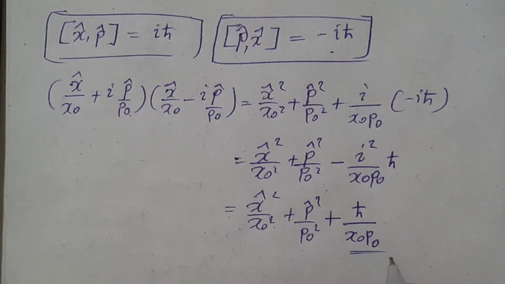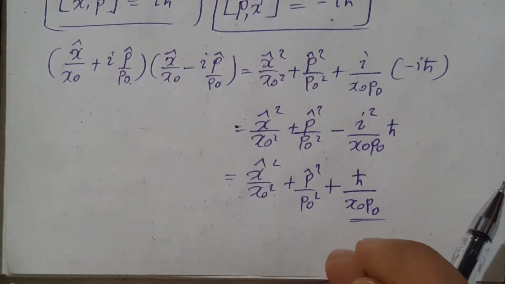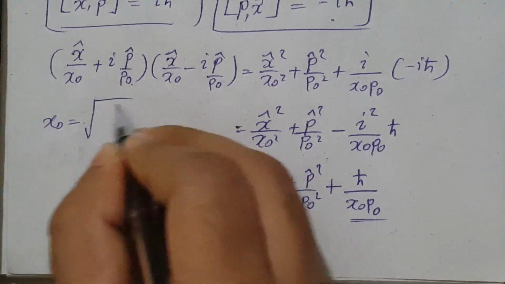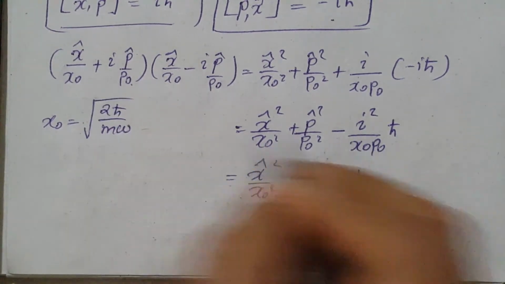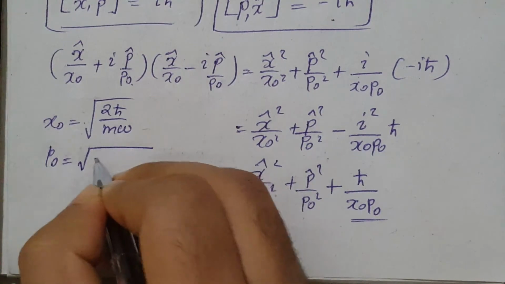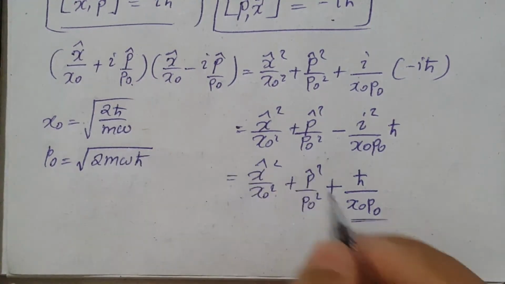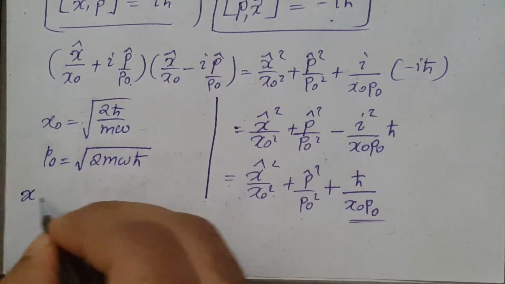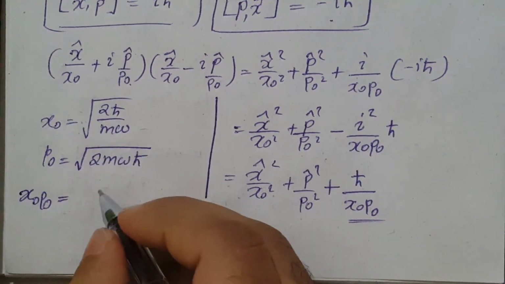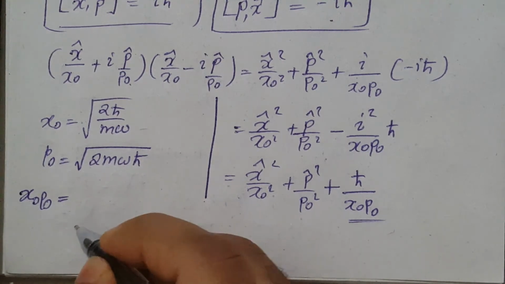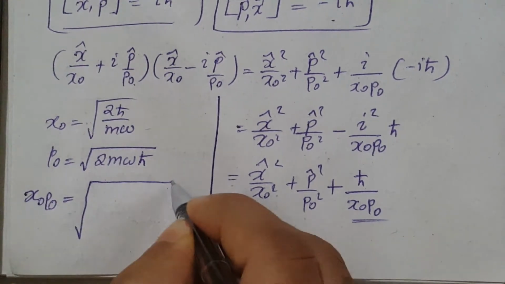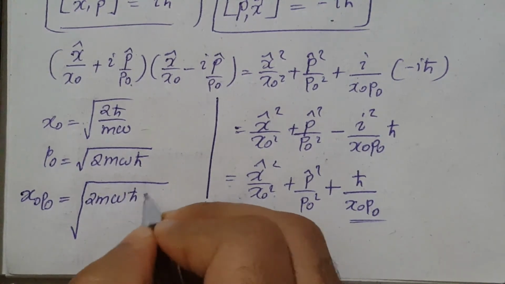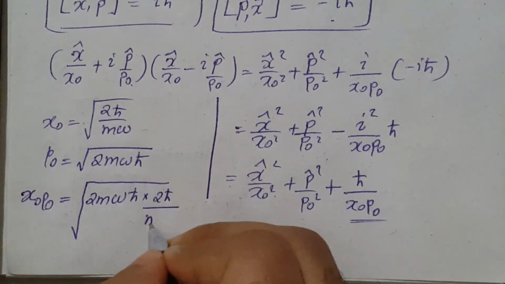Okay, do we know the value of x naught p naught? Yes. What was x naught? It was root of 2h cut by m omega, and p naught was root of 2 m omega h cut. Okay, let me calculate it here. X naught p naught will be, both of them have the root over them, so we can take a big root, then 2 m omega h cut into 2h cut by m omega.